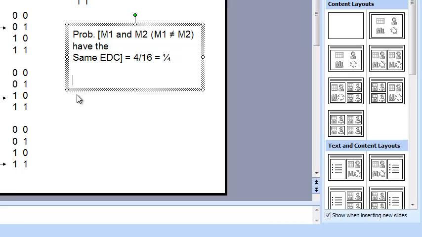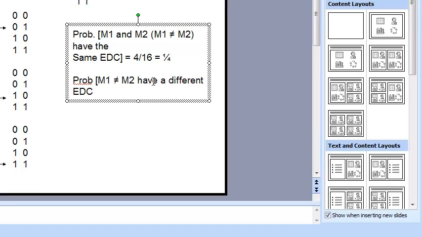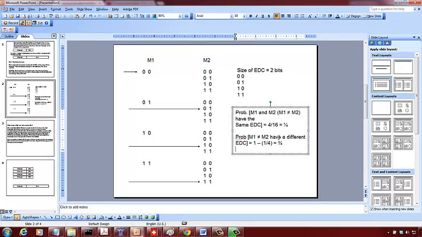Which means, from probability, the probability that M1 not equal to M2 have a different error detection code is going to be 1 minus 1 over 4, which is 3/4. So that's the probability that two different messages have a different error detection code.